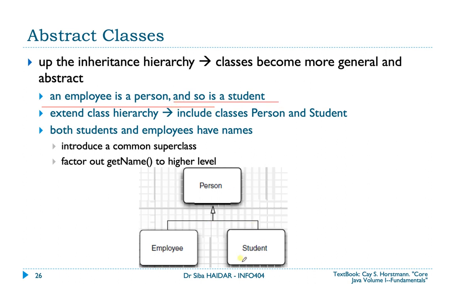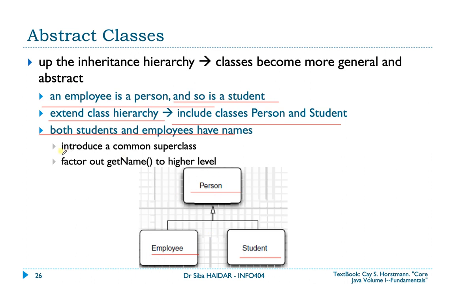So if we have a type student and a type employee, let's define a supertype person from which both types can inherit. So let's extend this class hierarchy and include the classes person and student. Both students and employees have names. So what about the field name? Do we keep it inside the class employee, or do we factorize it into the class person?